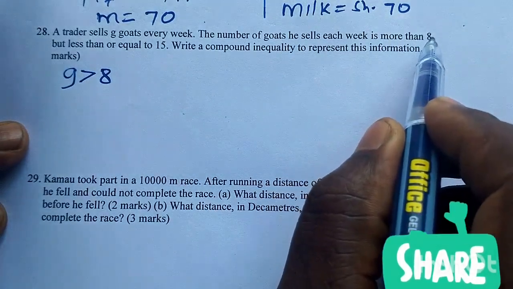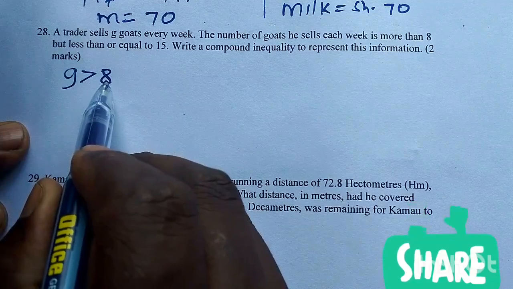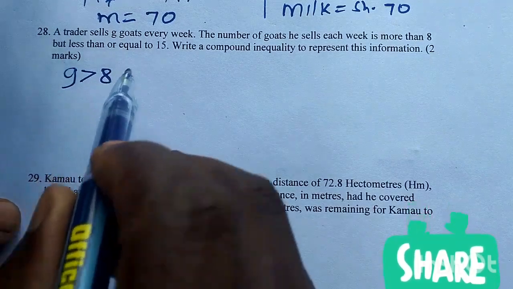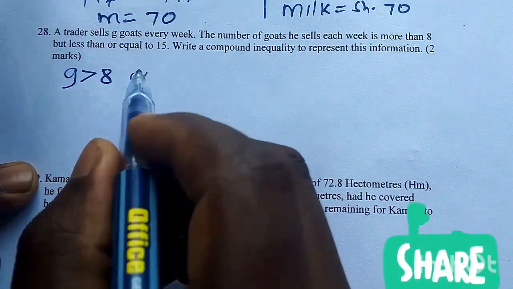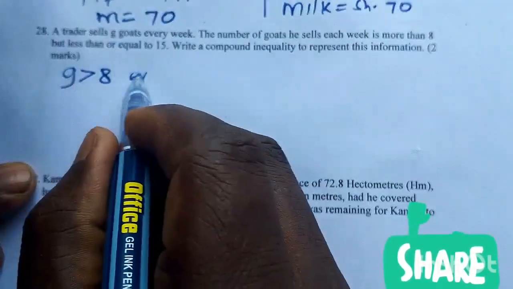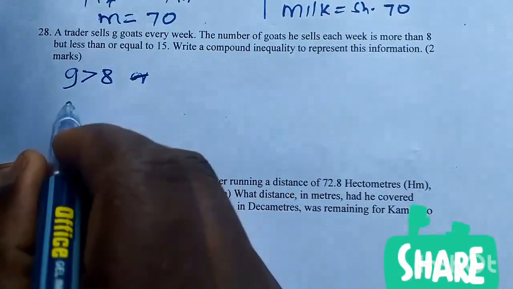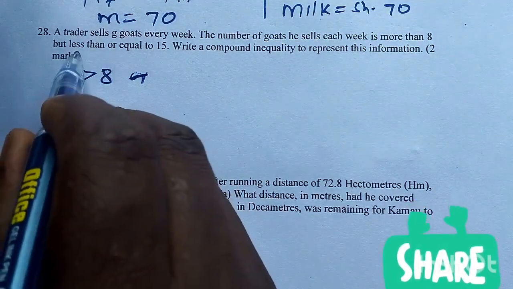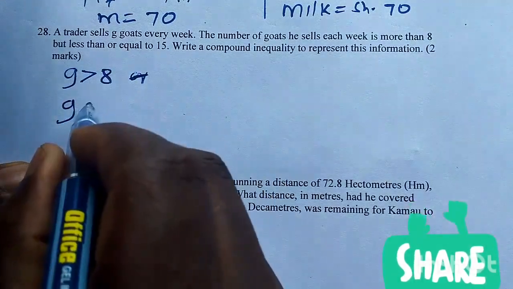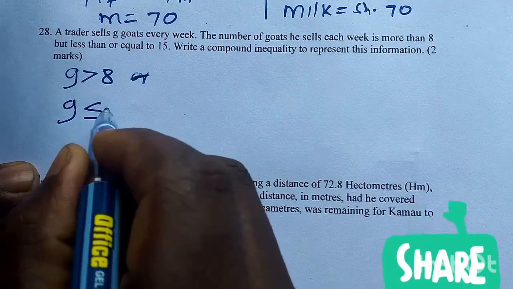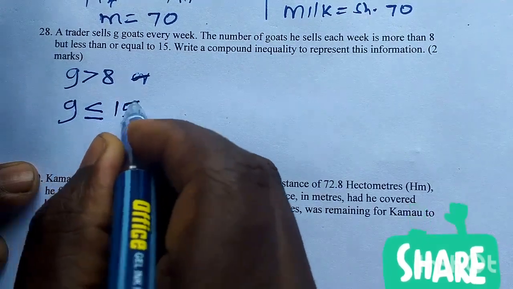So G is more than 8, correct? And the other one is that G is less than or equal to 15. Those are the two inequalities.